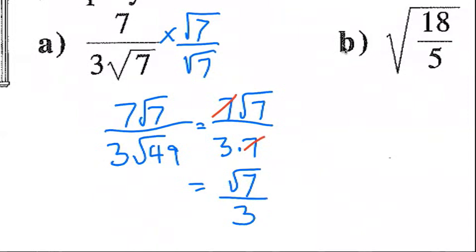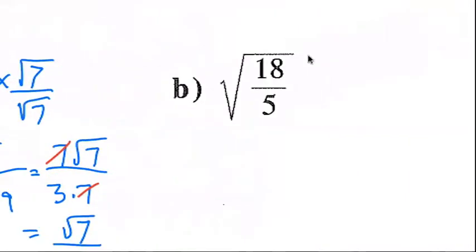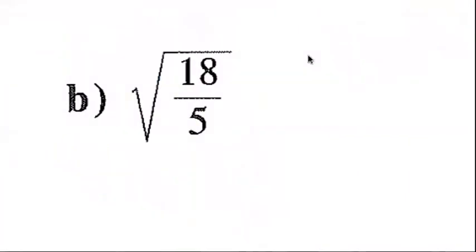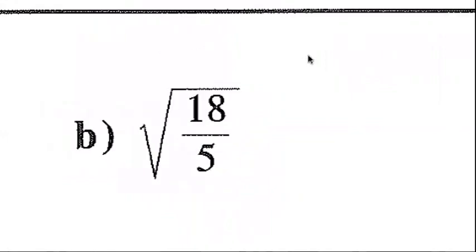And then there are just different ways to manipulate the question to make it look a little bit different. Okay. So we can see that in question B here, that 18 doesn't reduce by 5. Technically, if we have fractions inside a radical, they're not as simplified as they can be, although they look more complicated after. So I have to do this first step. I'm going to go square root 18 over the square root of 5.